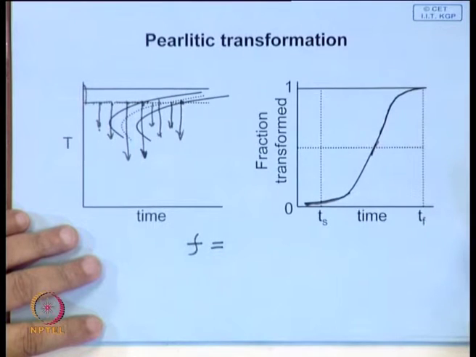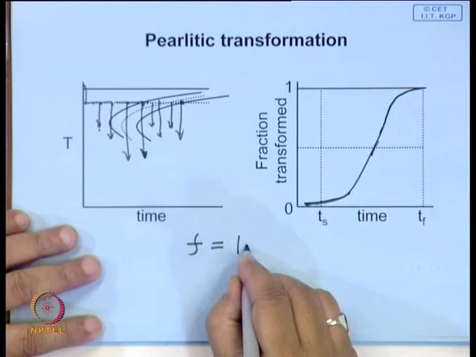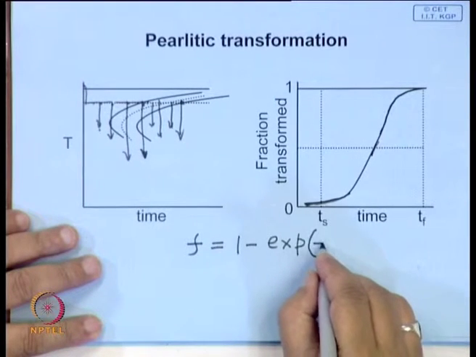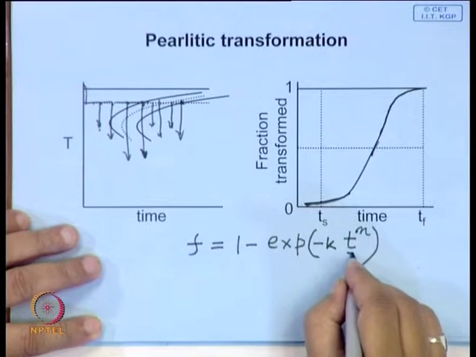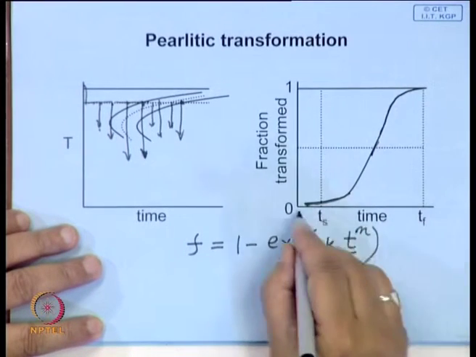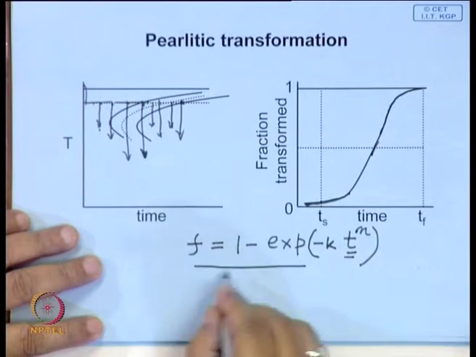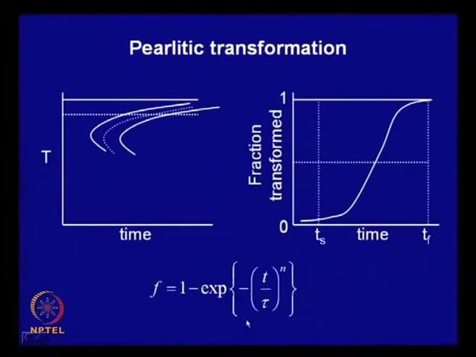So, this is the nature of this fraction transformed, and if you look at that nature, you will find that it usually follows this type of kinetics: fraction transformed is 1 minus exponential of minus some constant k t to the power n, where n is some exponent, t is the time. And usually this scale we often use in a logarithmic scale. So, this is how it is represented, and this form in fact is shown here. I think here, look at, this is the same equation written a little differently.